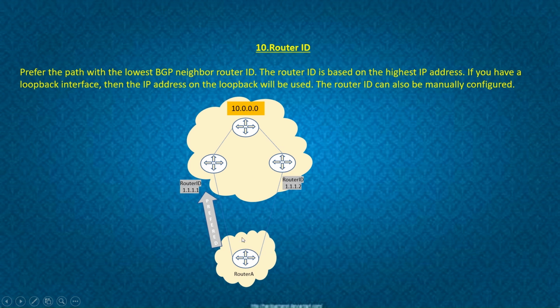In this scenario, router A checks which neighbor has the lower router ID. If you see, it's 1.1.1.1 and 1.1.1.2, so this one has the lower router ID, and router A always sends the traffic via the lower router ID.